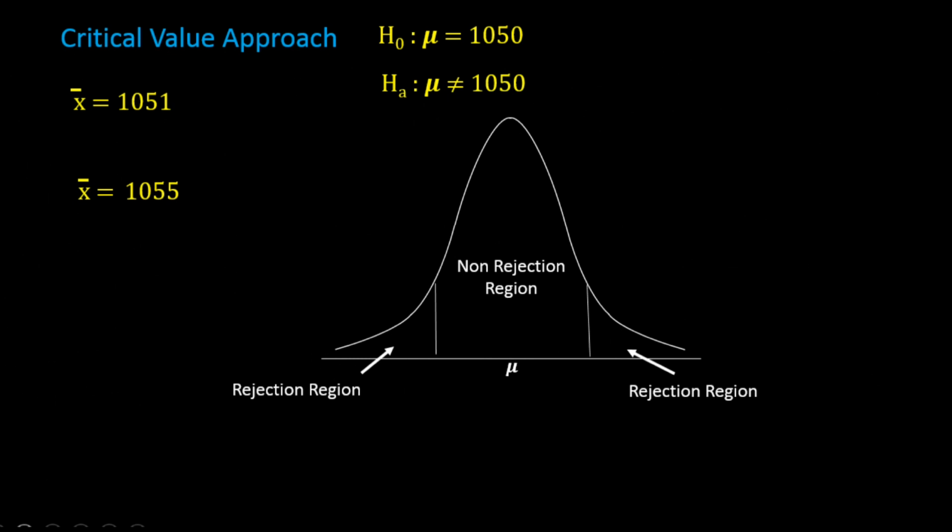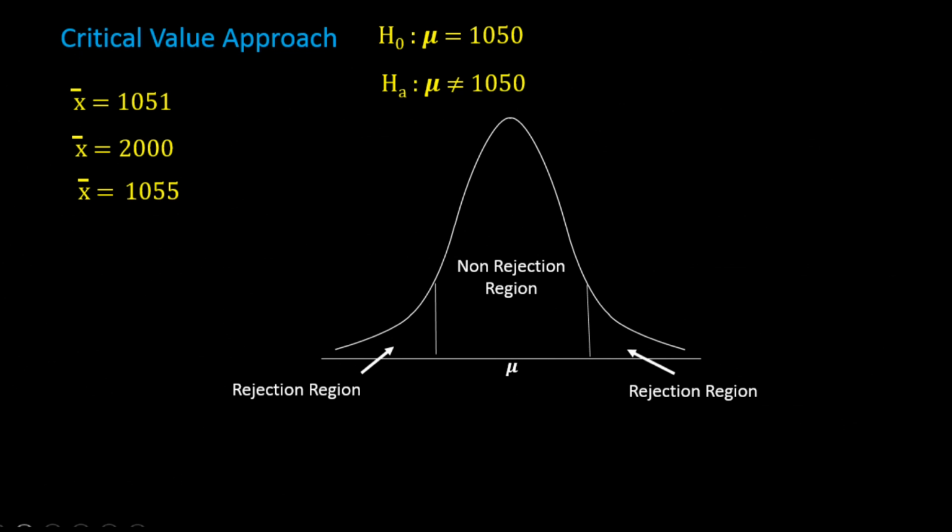Now let's say we get some very, very high sample mean. Let's say we get a sample mean of 2000 hours. Now that's a really high number to get as a sample mean if the true mean was really only 1050. When the sample mean is so far away from the hypothesized population mean, then we will have to think that it is highly unlikely that the true mean is 1050 when we get such an outrageously high sample mean of 2000 hours.